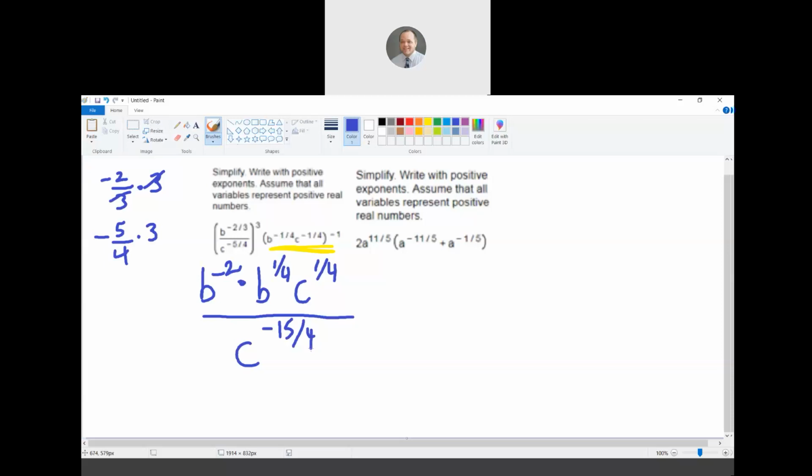Now, turn each negative exponent into a positive one by flip-flopping the letters around. The b to the negative 2 goes on the bottom now, and it becomes b squared.